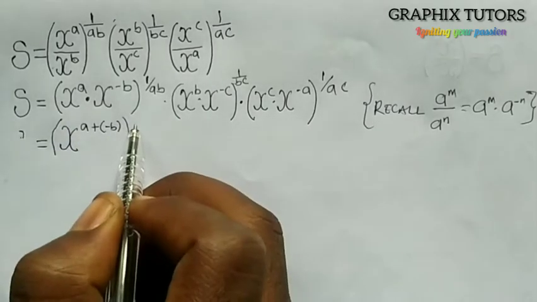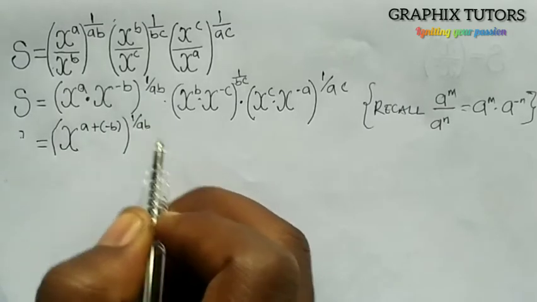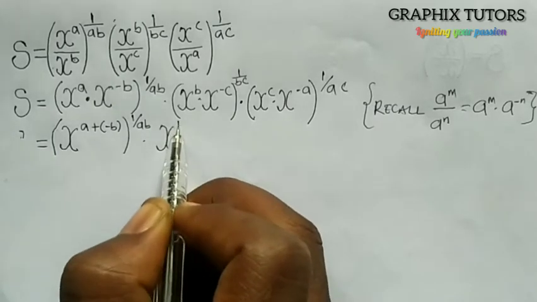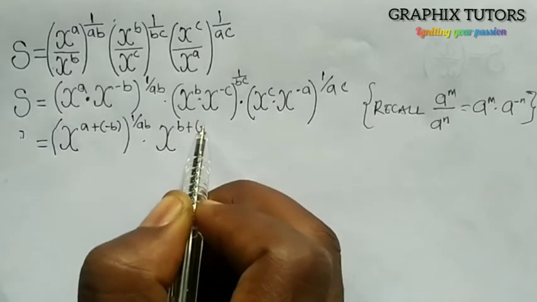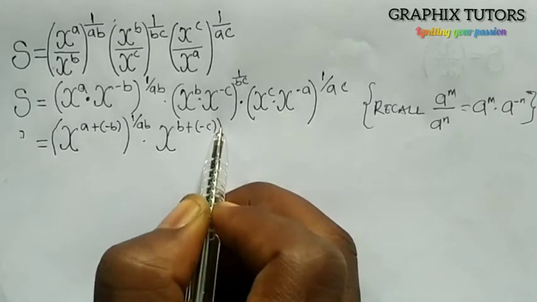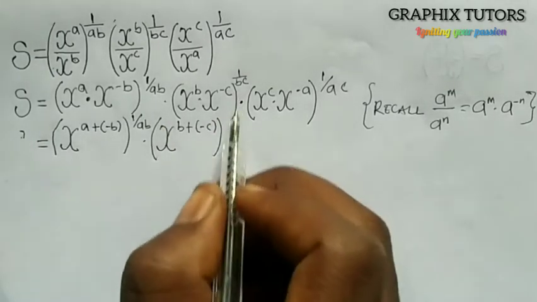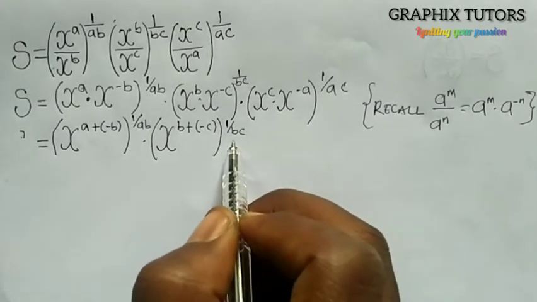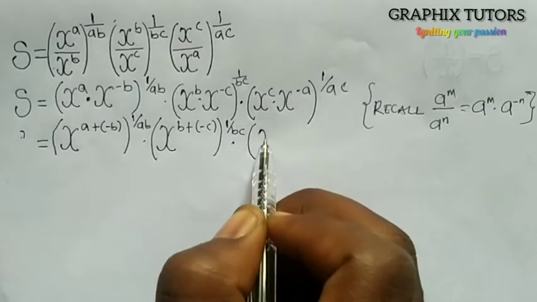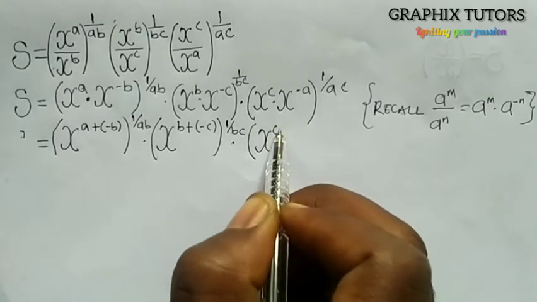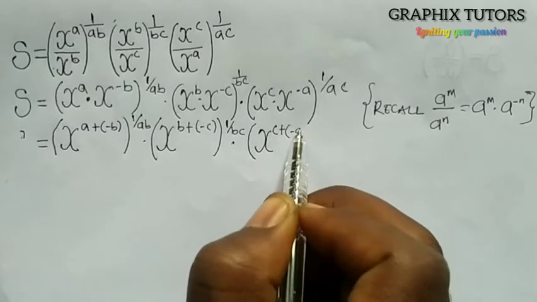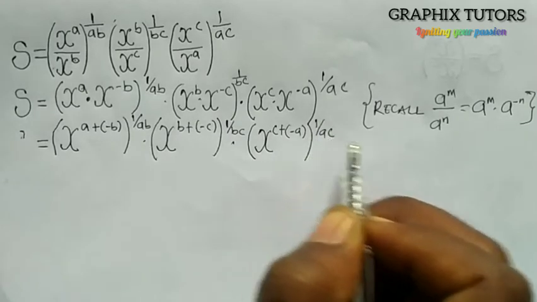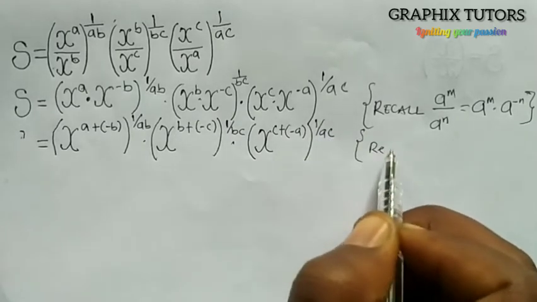I'll be having 1 all over ab multiplied by x. We have b plus bracket minus c. I'll close it up and I'll be having 1 over bc multiplied by, I have this also, x to the power of c plus minus a, and this will give me, we have 1 all over ac.